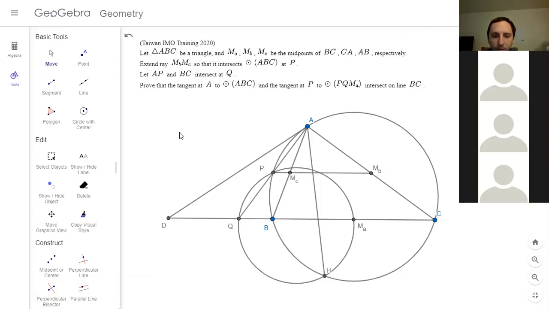Let's see. And once we show that, then we would know that if we label this point right here, then DE times DMA is DB times DC, which is DA squared.